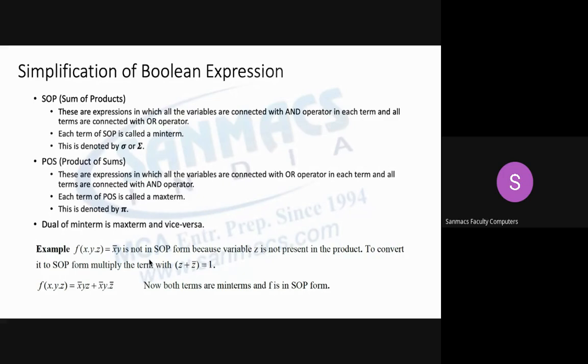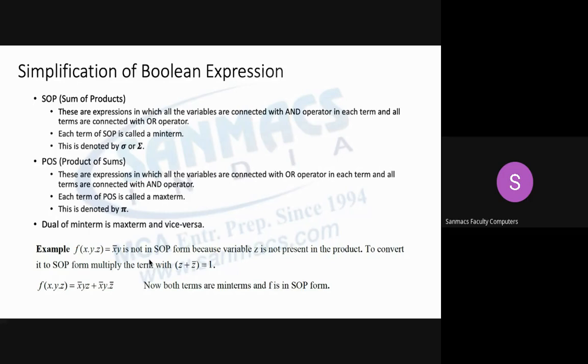If you want to verify how this is possible, since each variable will always have two Boolean values, or two Boolean constants, 0 and 1, let's say z is equal to 0, then not z is going to be 1. So 0 plus 1 is going to give me 1.